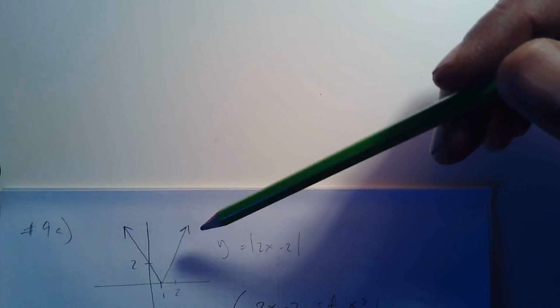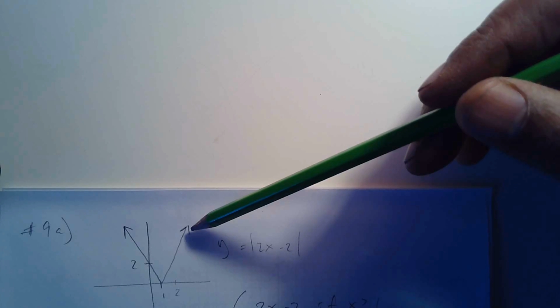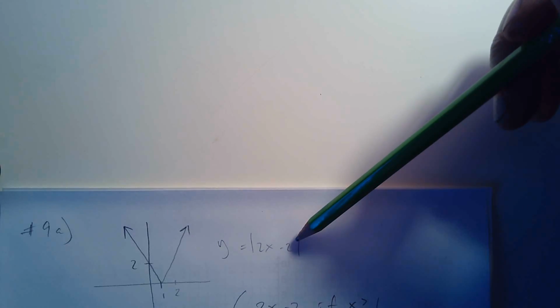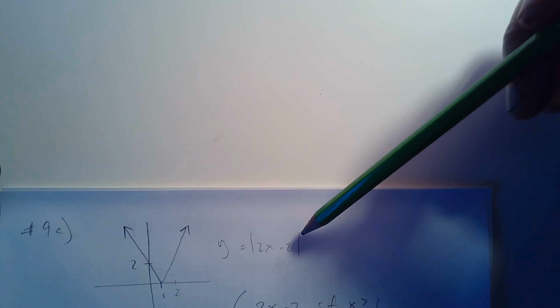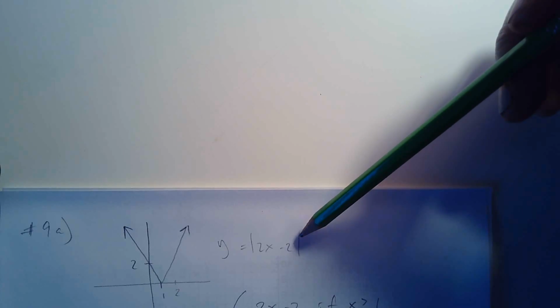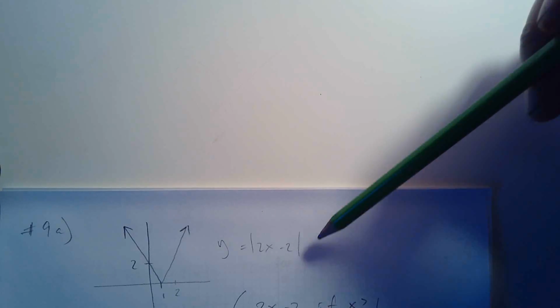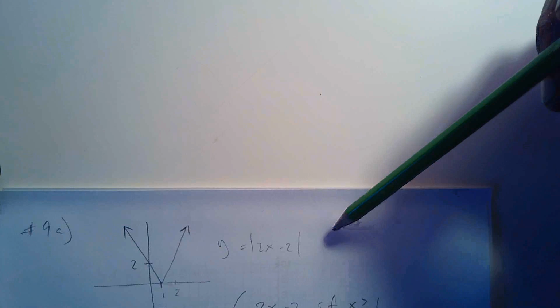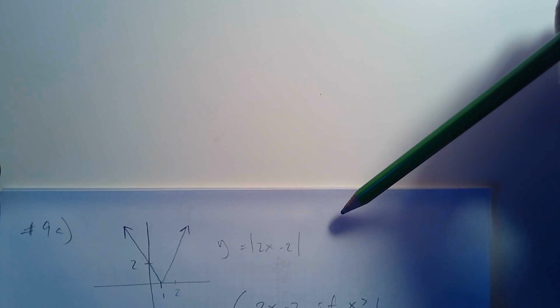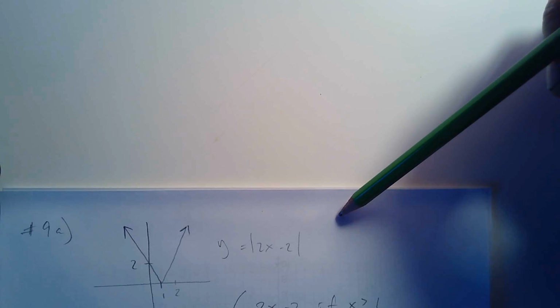Okay, number 9 here. So they gave you the graph again. The graph was given in the question, and they told you what the function was, and they basically want you to explain what the piecewise is. And then when you do the piecewise, you have to include the inequality. I was getting a few questions on that, how to do the piecewise, and also how to figure out the inequality.